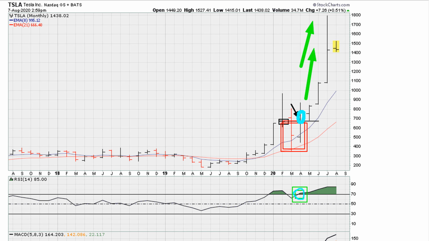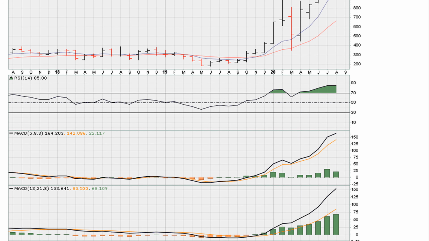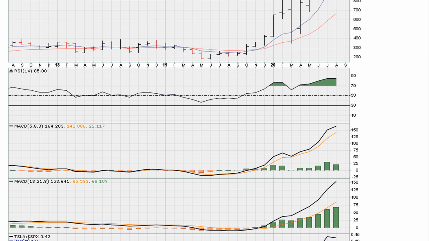Now, for those of you who are new to my work, if we take a look at the breakout that took place right here, let's call it the month of April, we can see that it meets the minimum requirements for the breakout quality. If you're looking for quality breakouts, they tend to have some of the following, if not all of the following have to be correct.